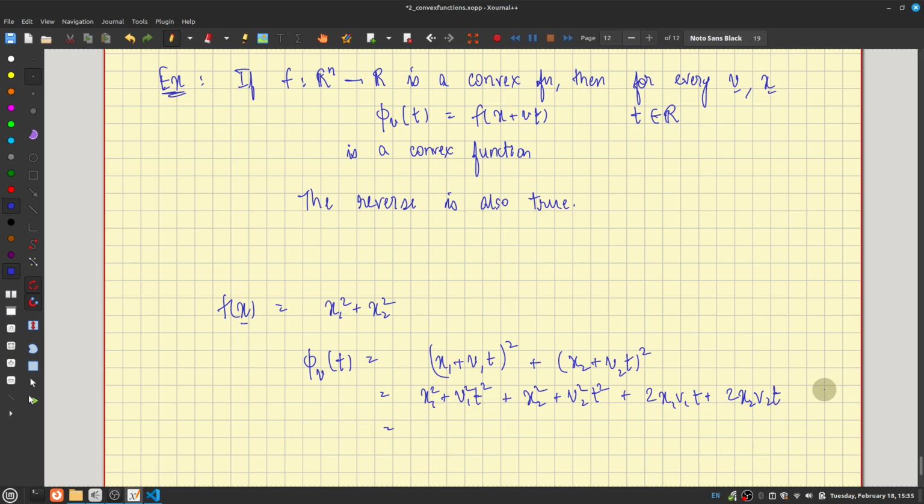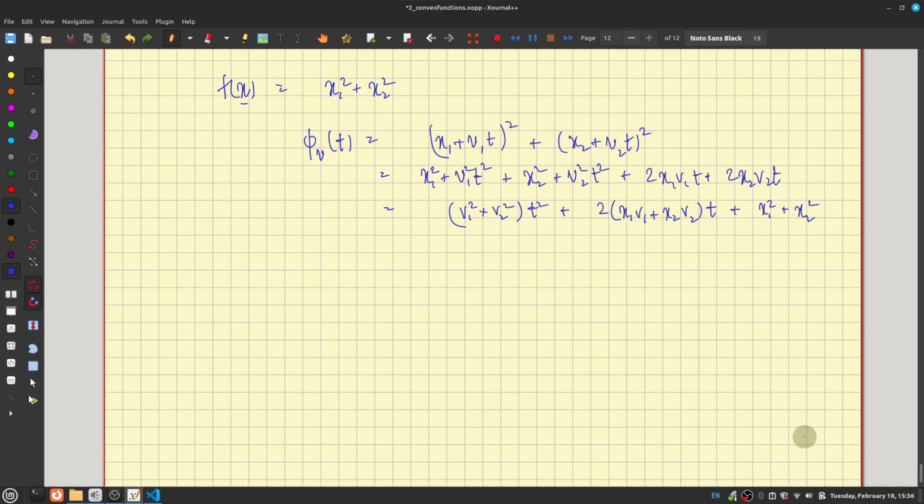So this is a quadratic in t: v1 square plus v2 square times t square, plus 2 times x1 v1 plus x2 v2 times t, plus x1 square plus x2 square.